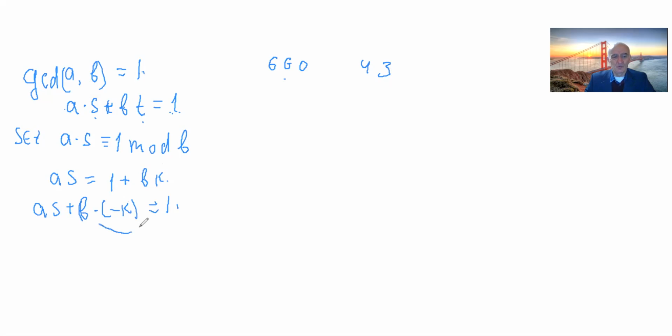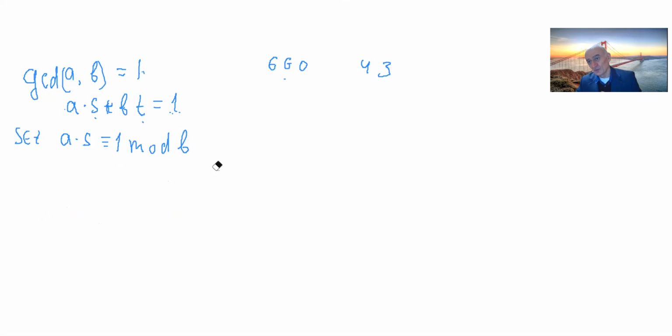And now I can denote minus K by T, and we have the same expression. It's a good feeling when you remember what we discussed in the previous class. For this, it's necessary to review the material before class and after class.